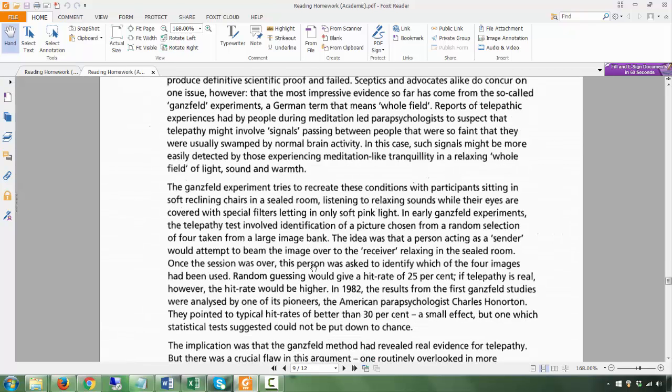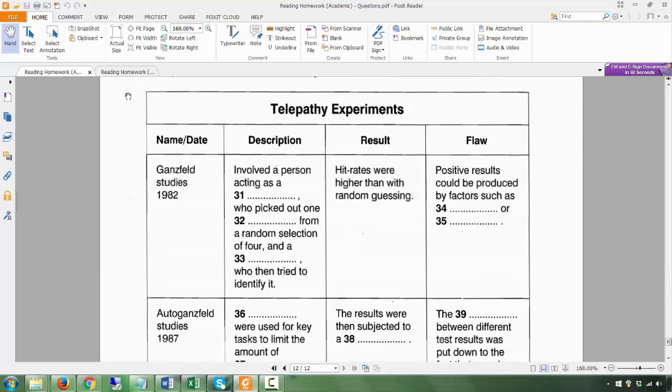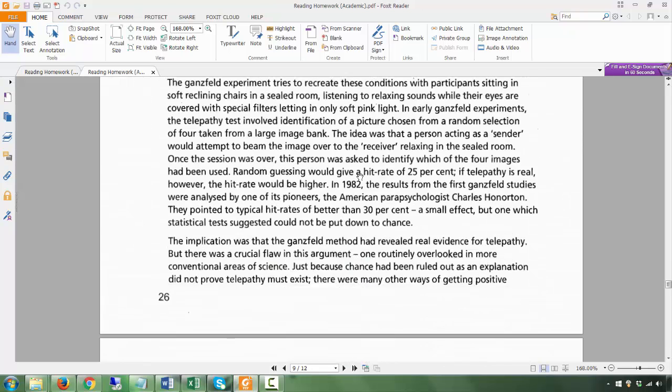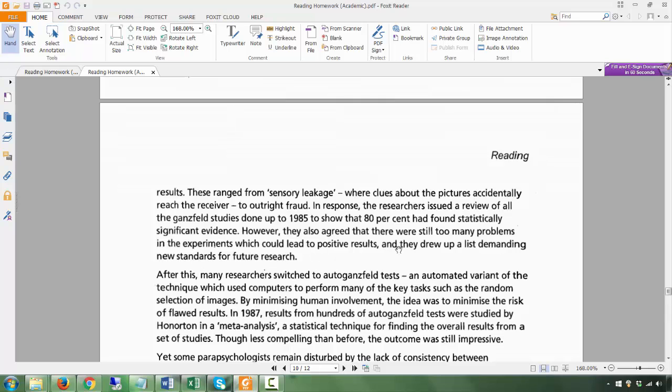The sender picks out an image from a random selection of 4 and beams the image over to the receiver, and this person, the receiver, was asked to identify it. So there you have receiver here. Positive results could be produced by factors such as what and what? Actually, the answer is here.